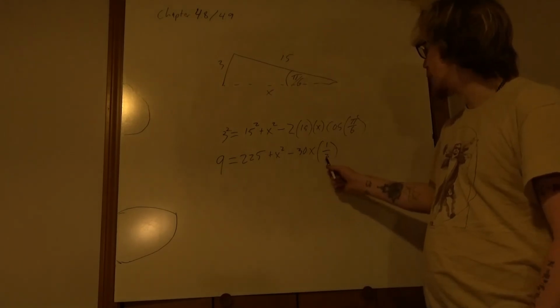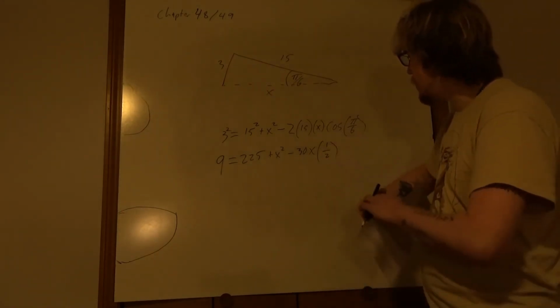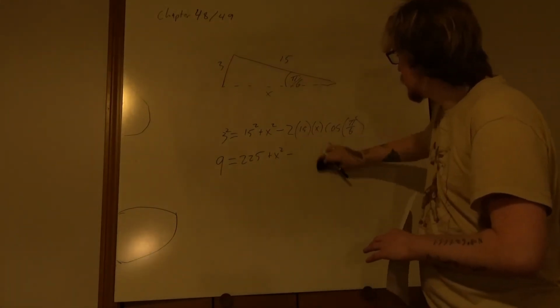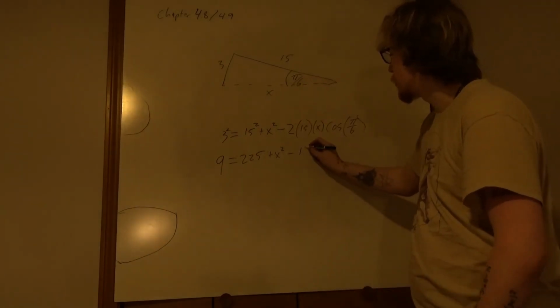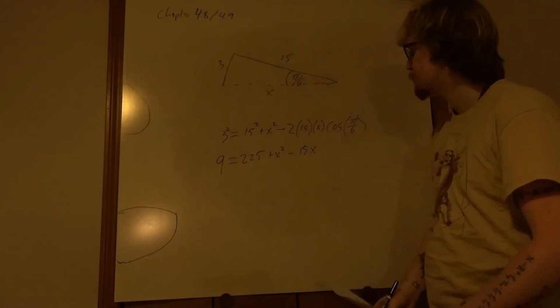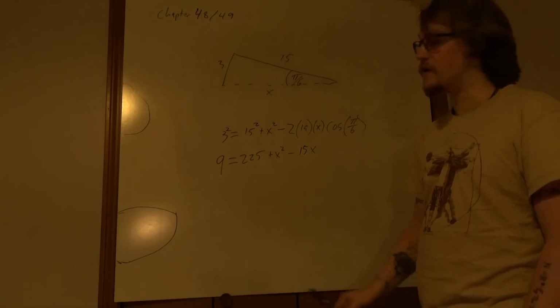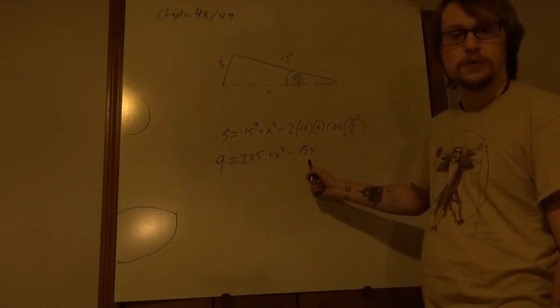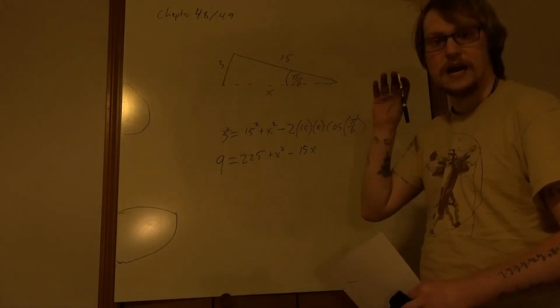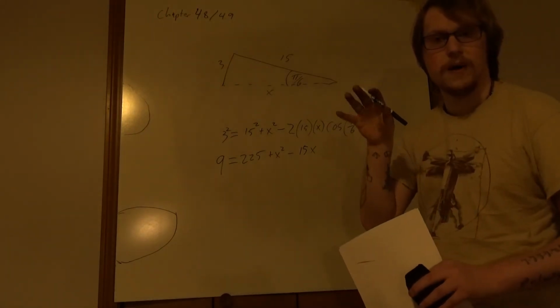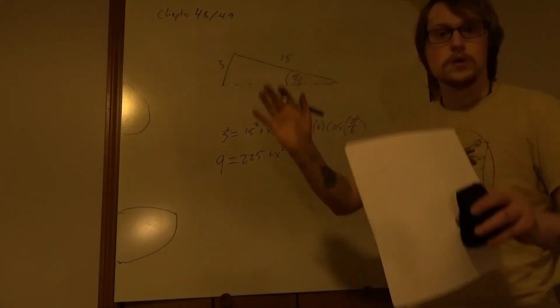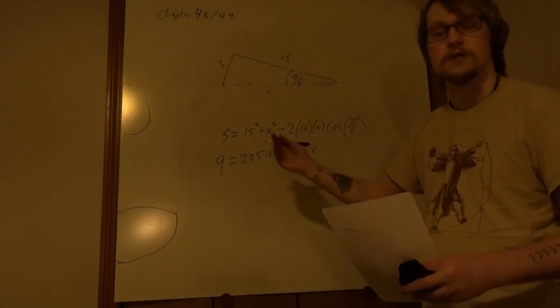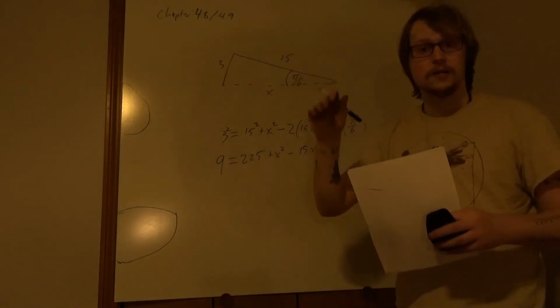So we get that the 2 can cancel with the 30 a bit, and we get a simplified expression like so. Now we have constants, an x squared, and a multiple of x. So there should be some tiny alarm going off in the back of your brain that says, you know, it's a quadratic equation. To solve this x, we should use quadratic stuff.